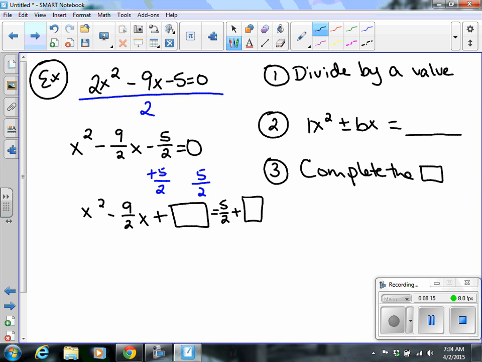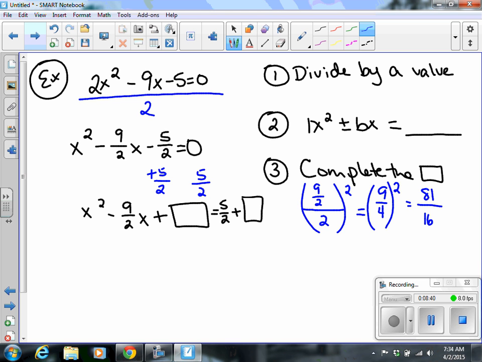Well, okay, my b term is 9 halves. Then I need to divide that by 2 and square it. So 9 halves divided by 2 is 9 over 4, and I need to square that. So when I'm squaring that, it goes 9 squared, which is 81, over 4 squared, which is 16. So I'm going to add 81 over 16 to both sides.